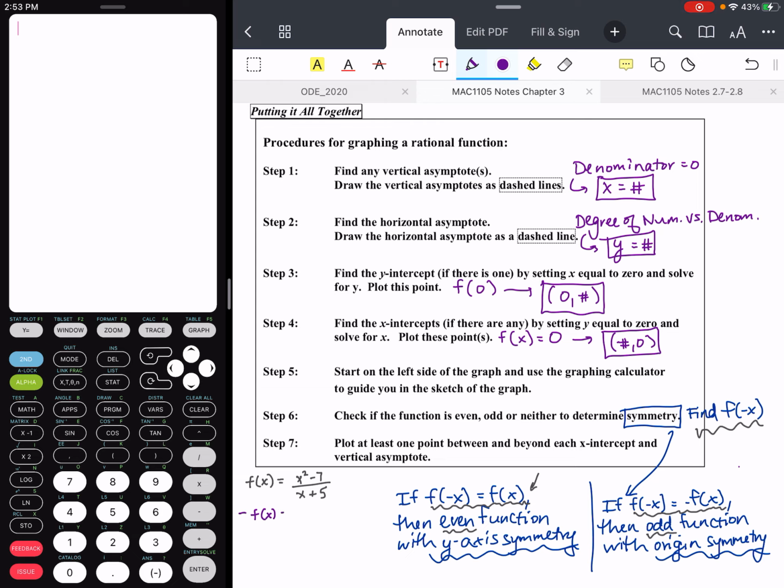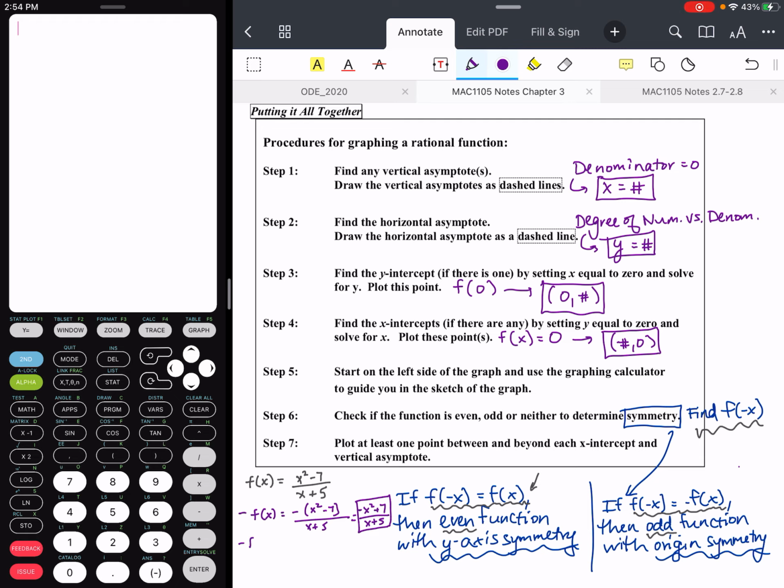You could distribute that negative sign through the numerator, so negative x squared plus 7, and leave the denominator as is, whole thing over x plus 5. So that would be one way to write negative f of x.